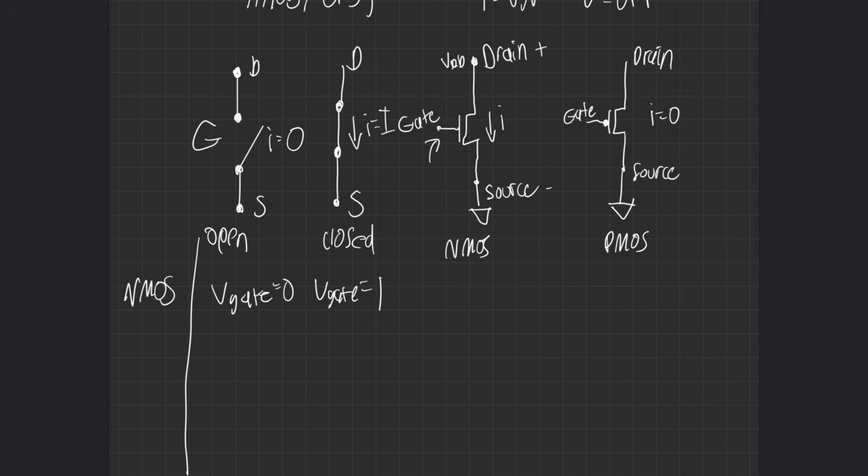And then I equals 0 here, right? So basically, when the gate voltage is 0, there's no current. When the gate voltage is 1, or VGS, but we'll call it a logical one, the current flows, and it's the opposite for PMOS.